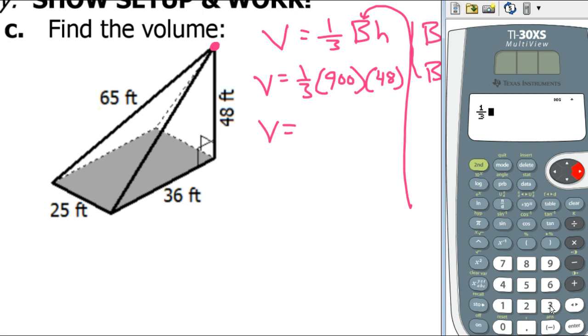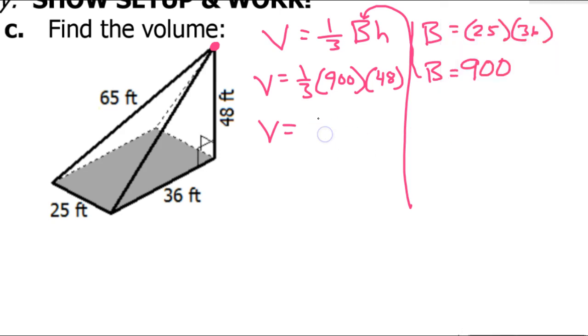So I'll just put 1/3 times 900 times 48. So, 14,400. And this is volume, so that'll be cubic feet.